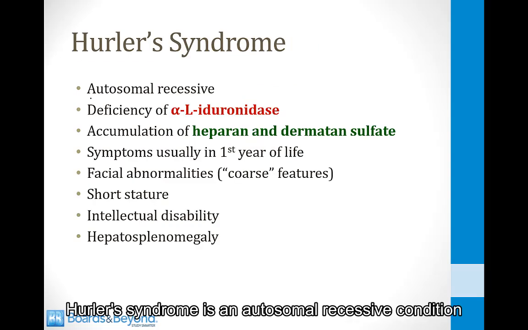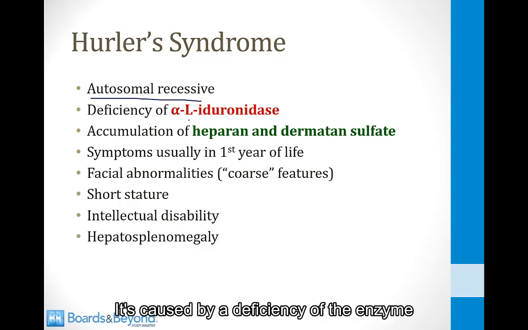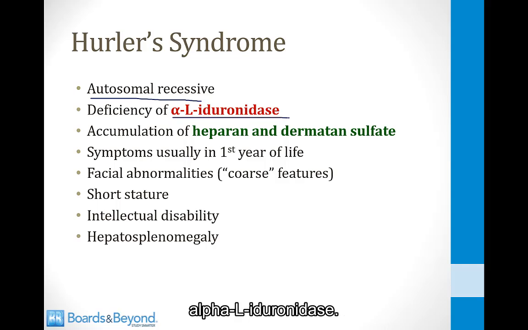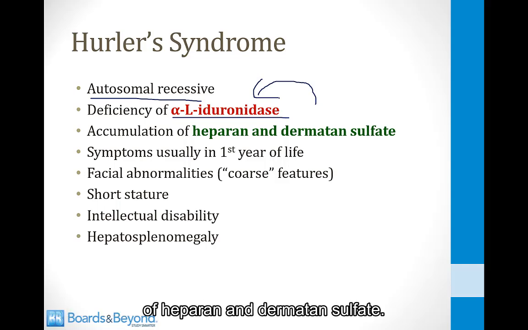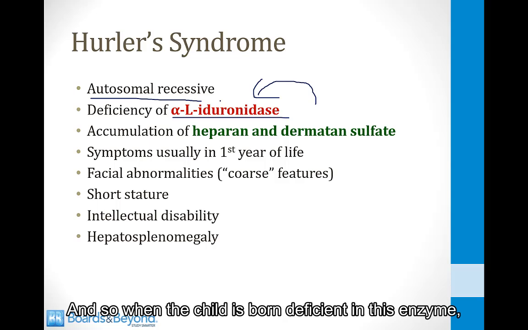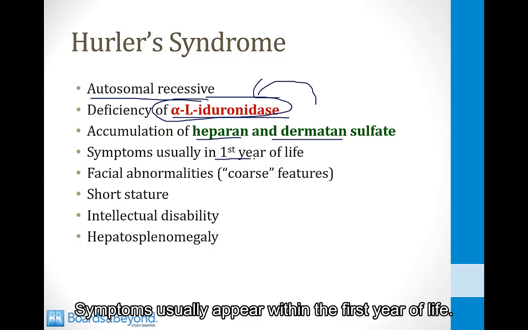Hurler syndrome is an autosomal recessive condition, just like many of the lysosomal storage diseases. It's caused by a deficiency of the enzyme alpha-L-iduronidase, and remember that iduronate is an important component of heparan and dermatan sulfate. And so when a child is born deficient in this enzyme, that leads to accumulation of heparan and dermatan sulfate. Symptoms usually appear within the first year of life.